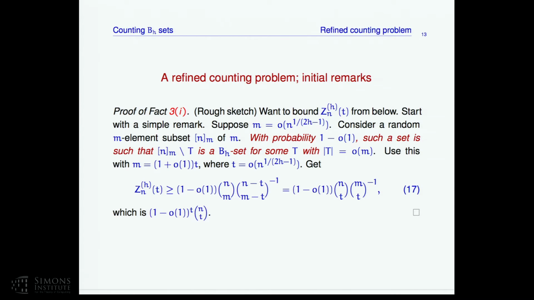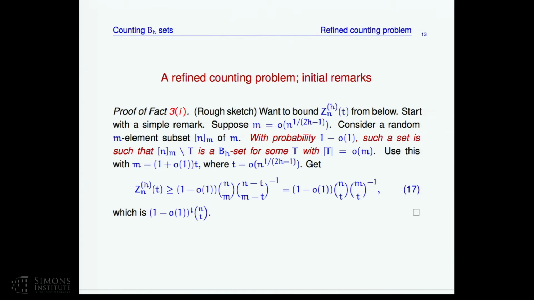So this binomial coefficient is some exponential in t with the base very close to 1. So that gives you the lower bound. Okay, so this gives some feeling at least why you have this critical point, n to the 1 over 2h minus 1, and why you can get this many, at least from below, in this range.